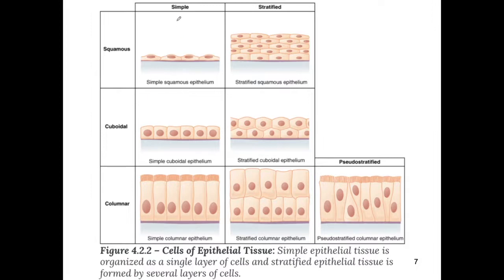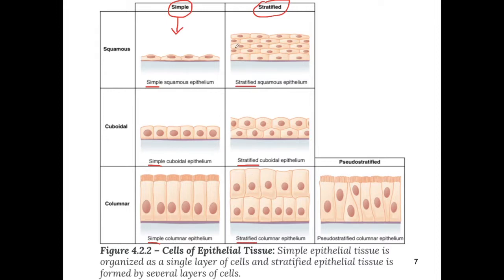So once we see that they're one cell layer thick, we call it simple. And all of these in this column are going to be simple, right? We see simple, simple, simple. In column number 2, up and down, we see stratified because they're more than one cell layer, right? So that was the second question we asked.